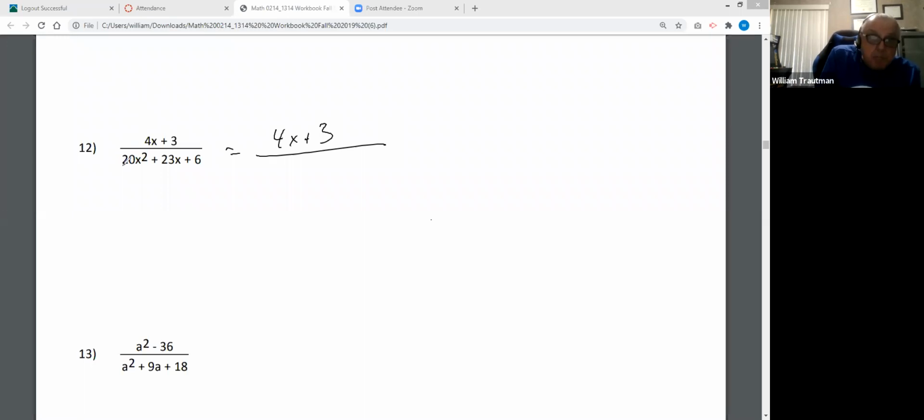And since the bottom has a number other than 1, you have to factor using the AC method. This is what we learned last time. This is the A and this is the C. 20 times 6 is 120.